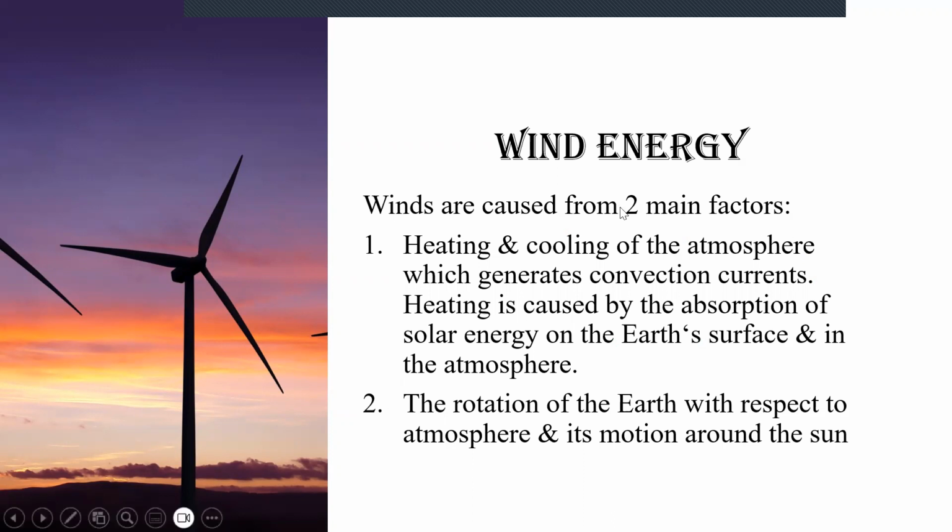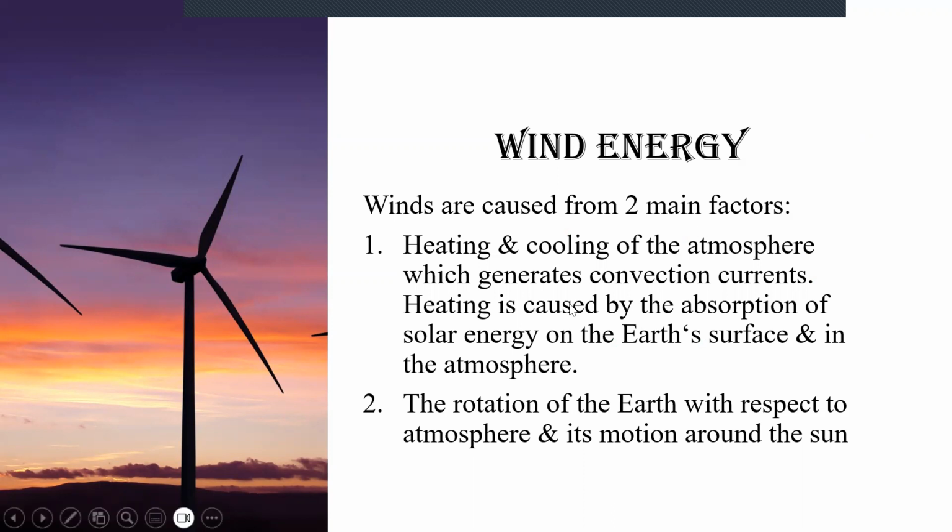Basically, this wind energy is based on two main factors, that is heating and cooling of the atmosphere. While heating, it causes absorption of solar energy on the earth's surface, while cooling it emits the extra radiation that is falling on the earth's surface and keeps the earth's surface cool.